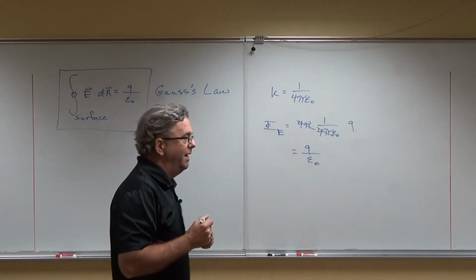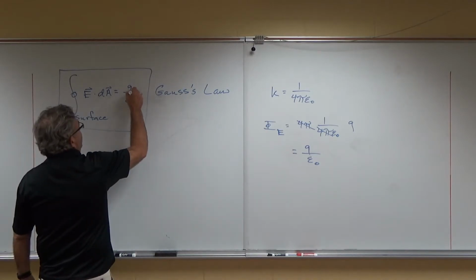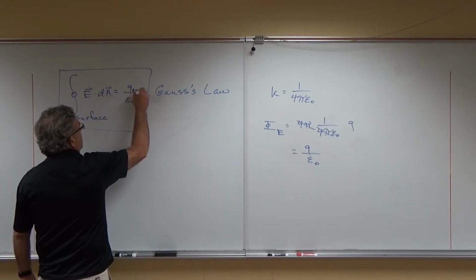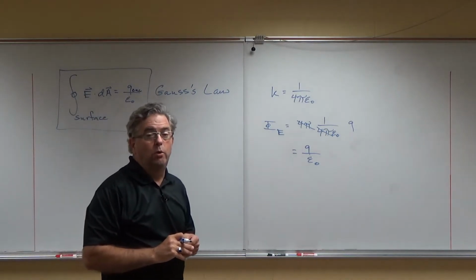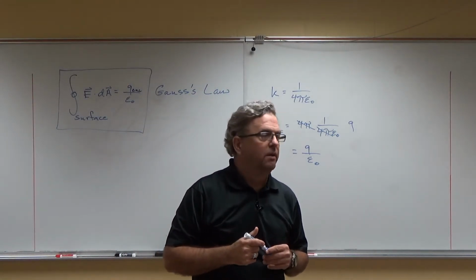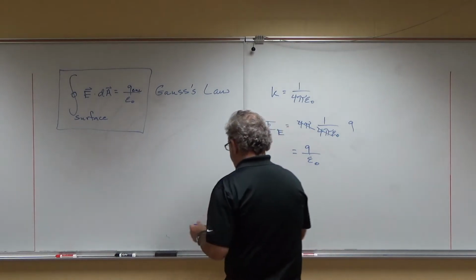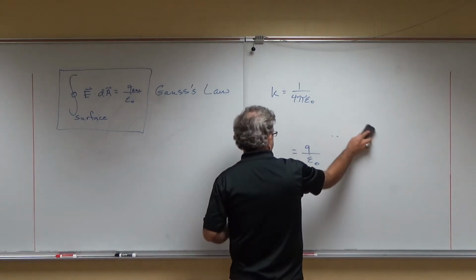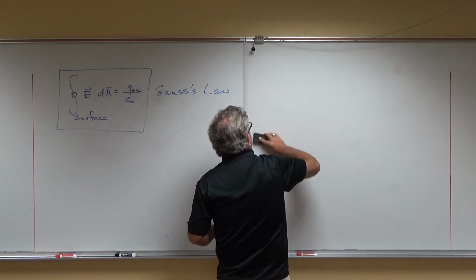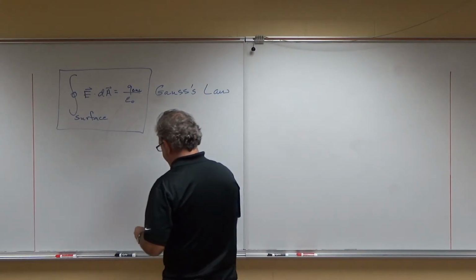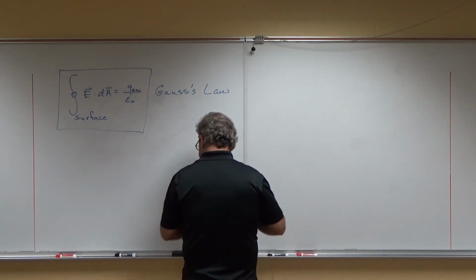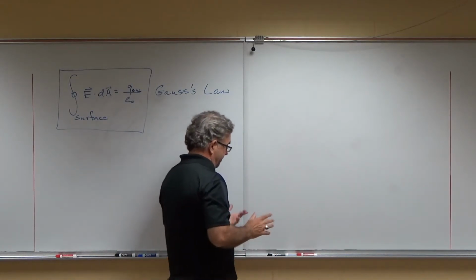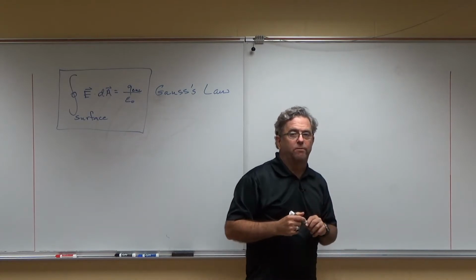So I will write it as Q enclosed, with a little ENC in there: Q enclosed over epsilon naught. Let me talk about this idea of the independence of the surface.